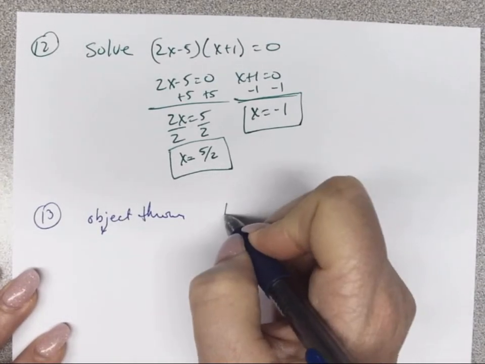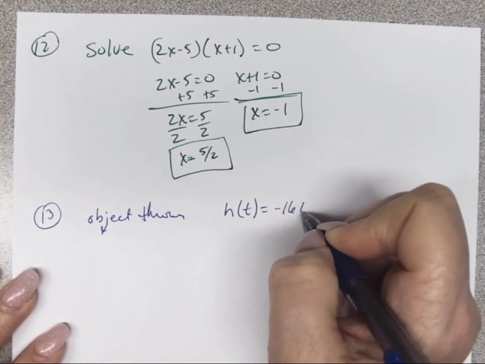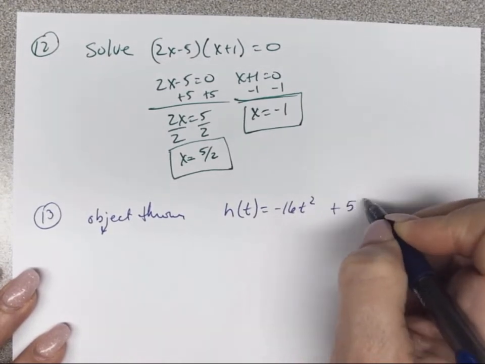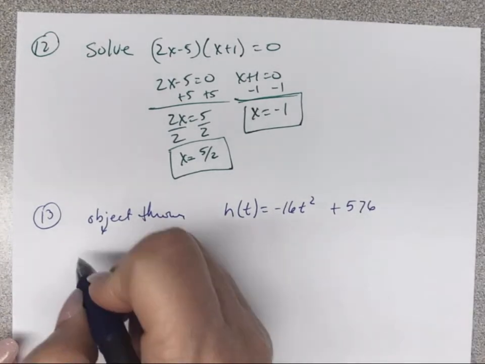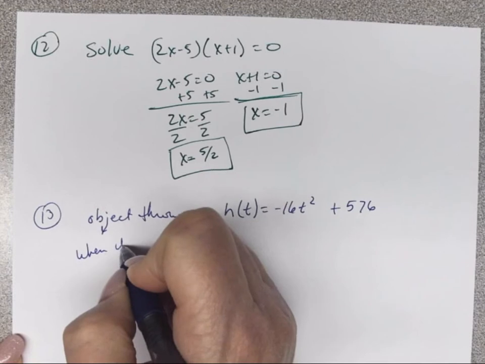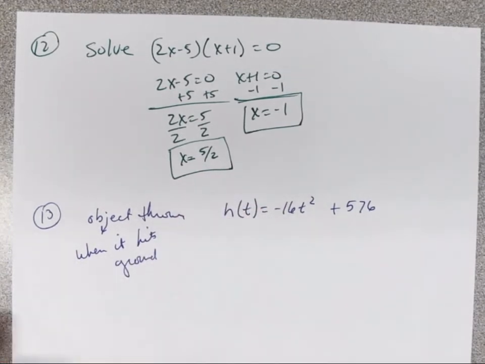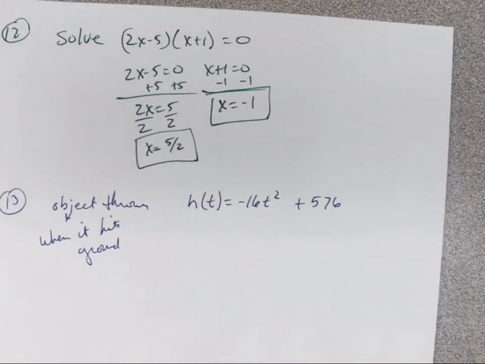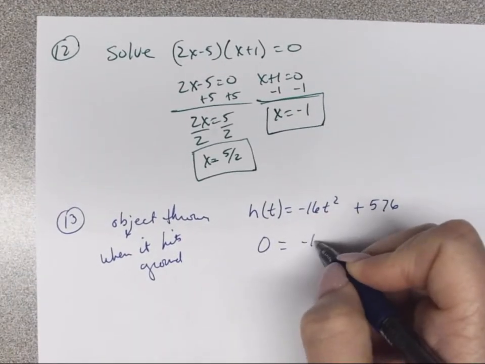Our equation is h of t is equal to negative 16t squared plus 576. So if we're looking to see when it hits the ground, you have to understand that the height of the ground is 0. So the height is going to be equal to 0.